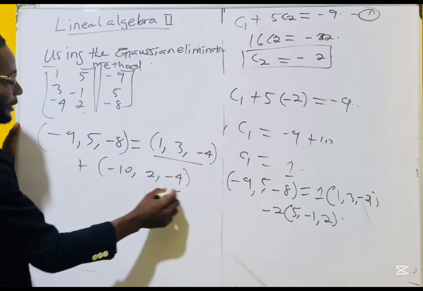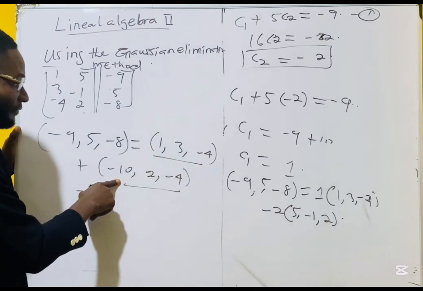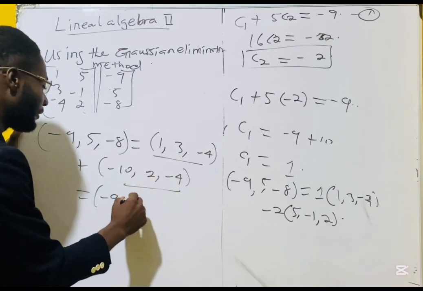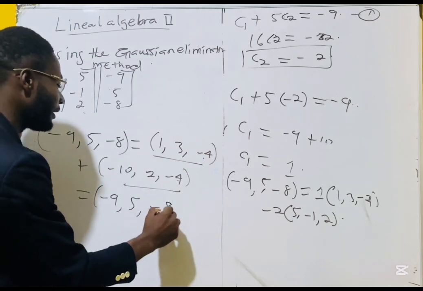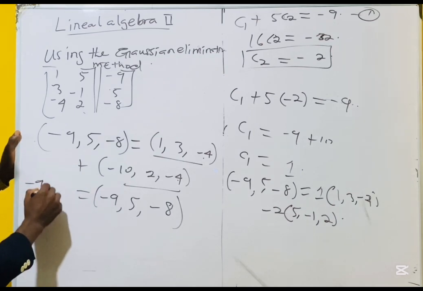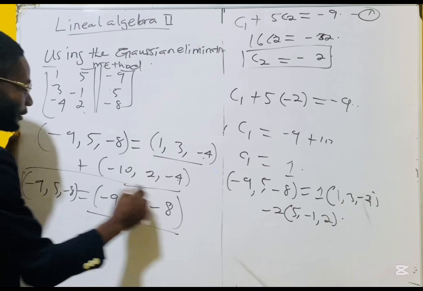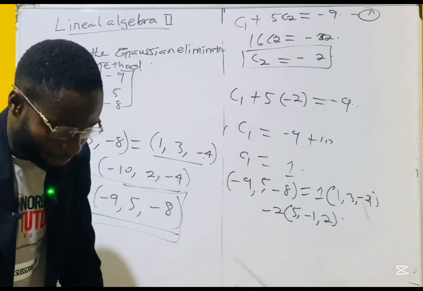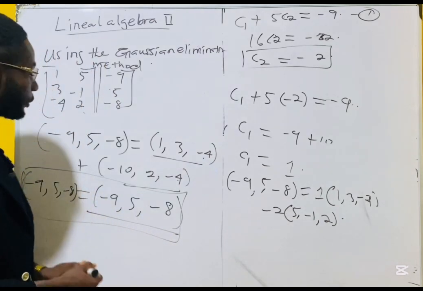So let's try to add this and this. 1 plus negative 10 becomes negative 9. 3 plus 2 becomes 5. 4 plus negative 4... negative 4 becomes negative 8, right? So negative 9, 5, negative 8 is equal to this, right? So this is indeed telling us that V is equal to U plus W.